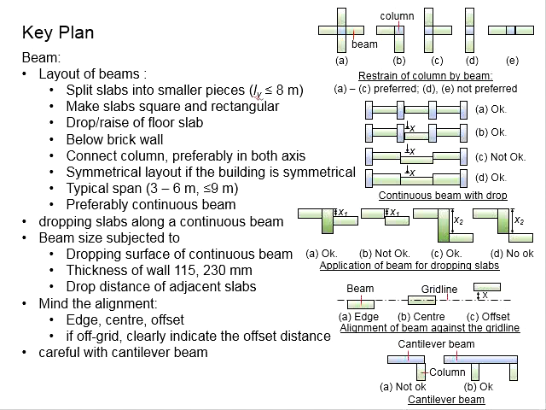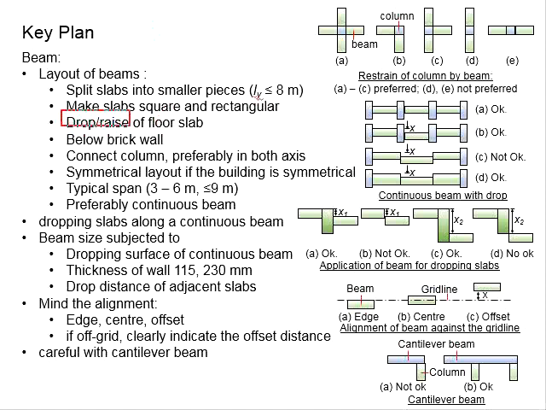Square and rectangular slabs are easy to analyze, where you can distribute the load based on the guideline given in BS 8110, or you may use the U-line method to distribute the load for the design of the slabs, columns, and beams.